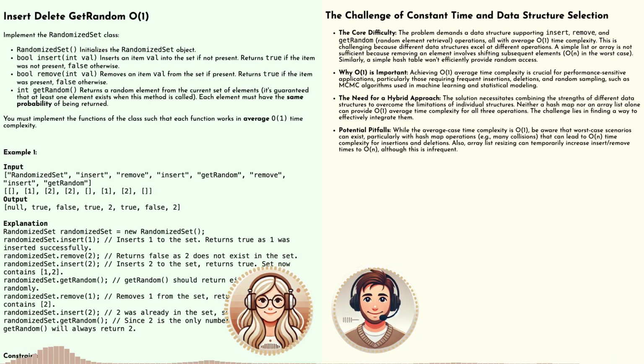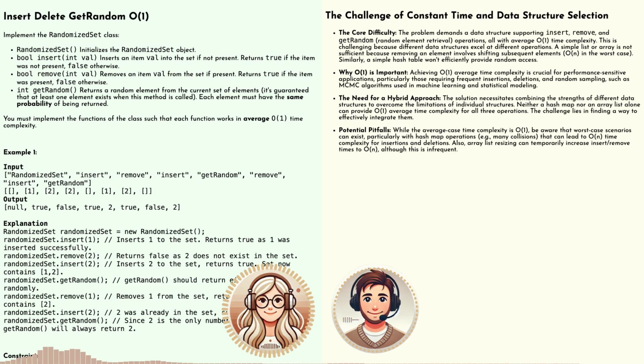Well, we need something that's good for both fast insertions and deletions, but also something that lets us access elements randomly in constant time. Hmm. I'm racking my brain here. Any hints? Well, think about data structures that are known for their speed. What's really fast for lookups? Let me think. Well, hash maps are super fast for lookups, right? Almost instant.